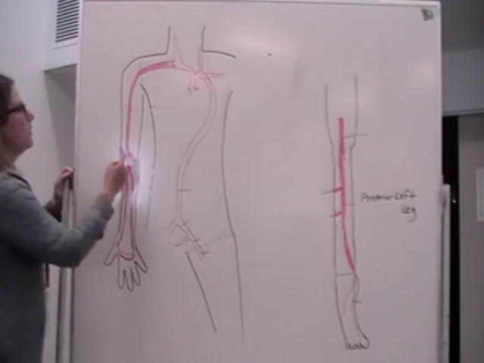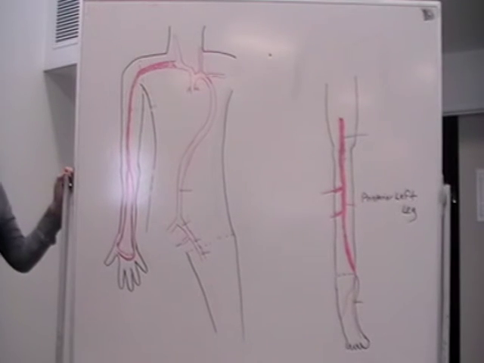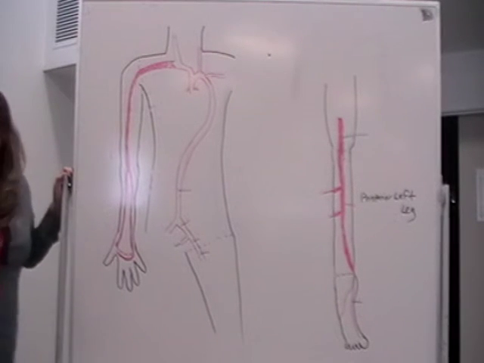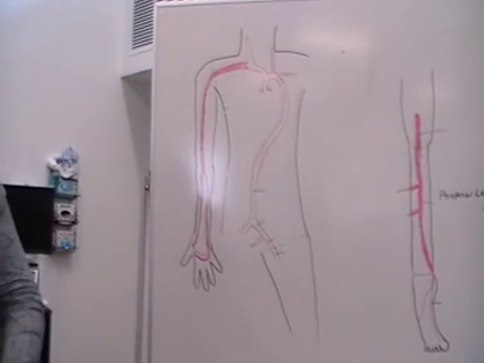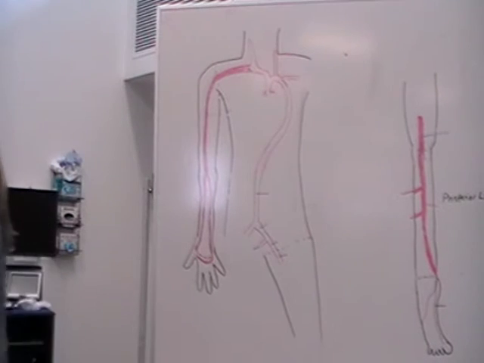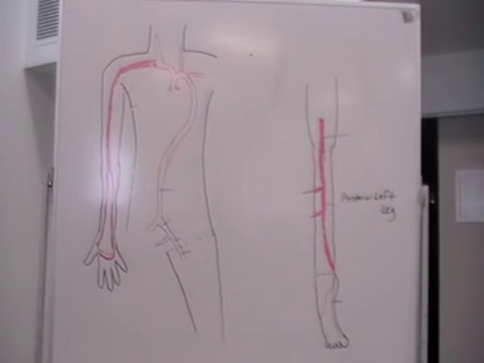Okay, let's work all the way back. So axillary vein, right subclavian vein. Maybe I'll get this over here, see if that will work. I'm going to share. Amazing production values for these videos.